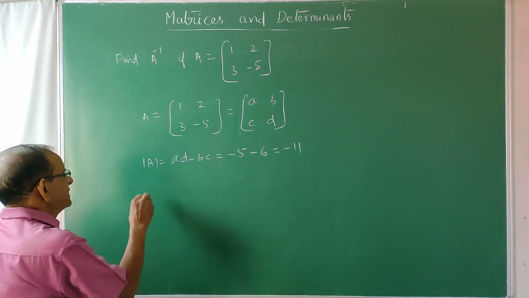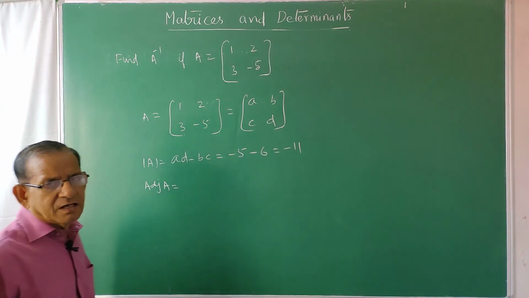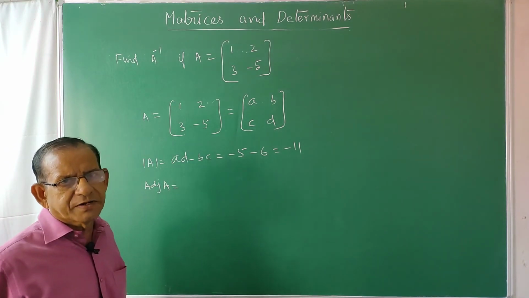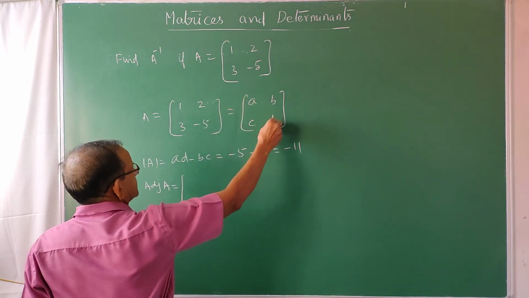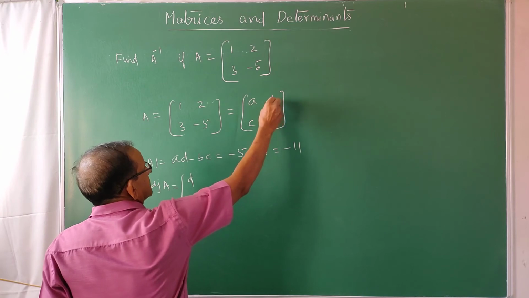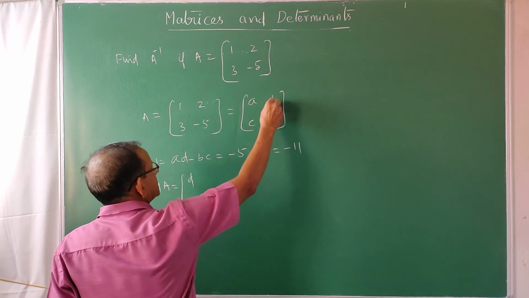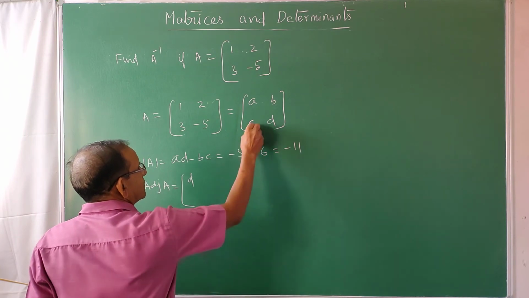What is adjoint A? I told you previously, adjoint A is the transpose of the cofactors. What is the cofactor of a? That is d. And cofactor of b is, it is there in first row, second column, minus you will get, that is c. Minus c.